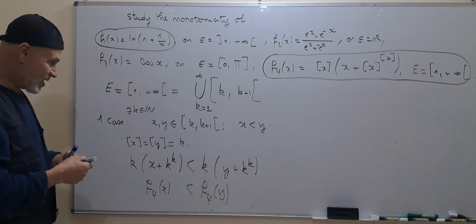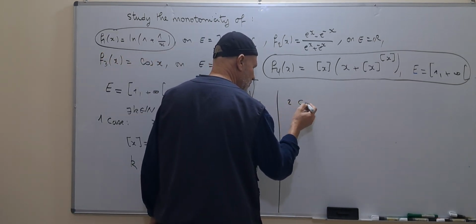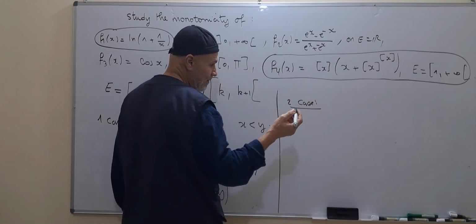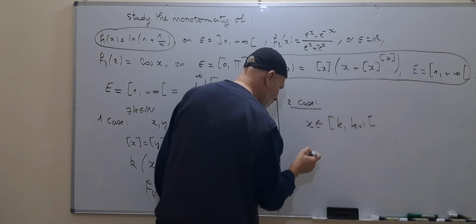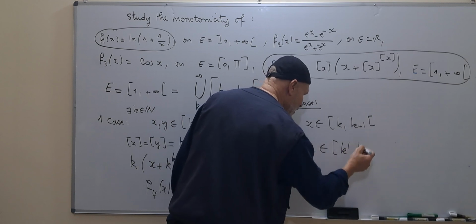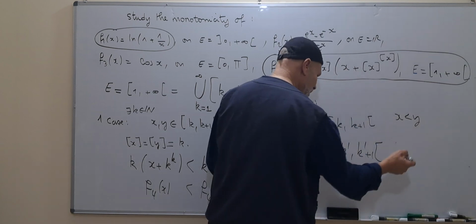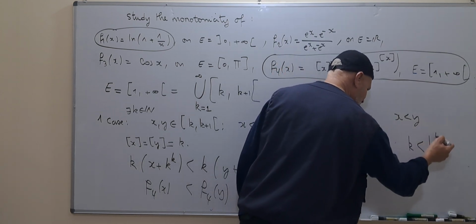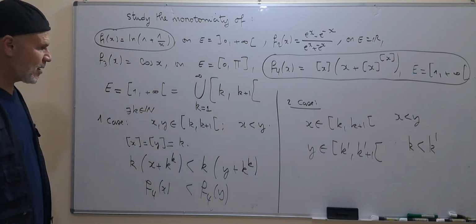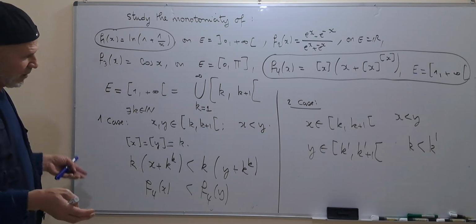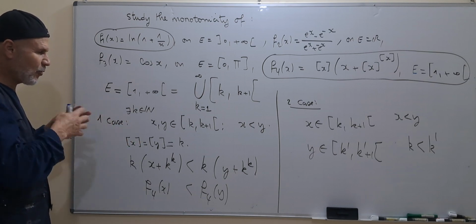The second case: x belongs to the interval k to k plus 1, and y belongs to k prime to k prime plus 1, such that, for example, x is less than y and k is strictly less than k prime. They exist in different subintervals, far from each other.